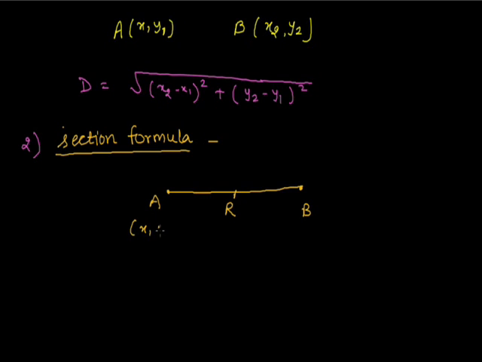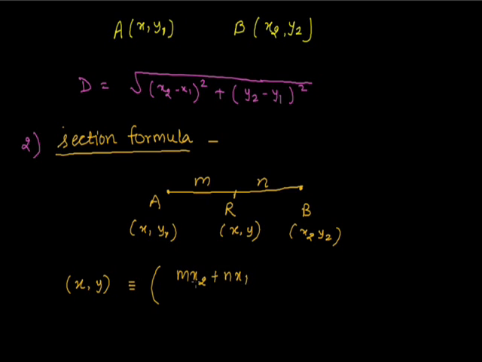If the coordinates of the two given points are (x1, y1) and (x2, y2), then the coordinates of the point R, which divides this line segment in the ratio m to n, are given as (x, y) equals (mx2 plus nx1) divided by (m plus n), and (my2 plus ny1) divided by (m plus n).